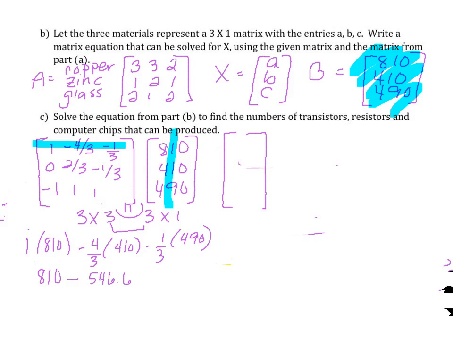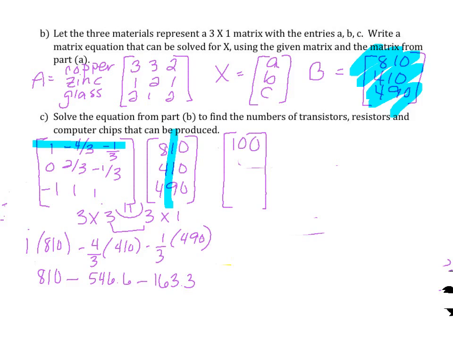So go ahead and use your calculator to verify that. And the same thing, we're going to have 1 times 490, which is 490, and 490 divided by 3 is 163.3. So if I were to take 810 minus 546.6 minus 163.3, we end up with 100.